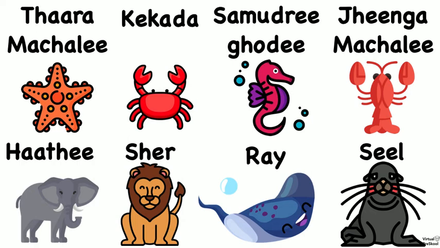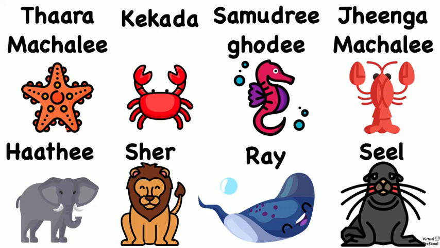A crab is a kekada. A seahorse is a samudri ghodi. And that's a tricky H word. A lobster is a jhinga machli. And that word jhinga has a tricky H in there.